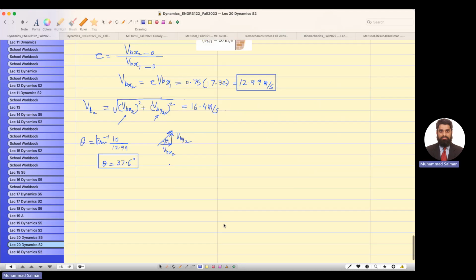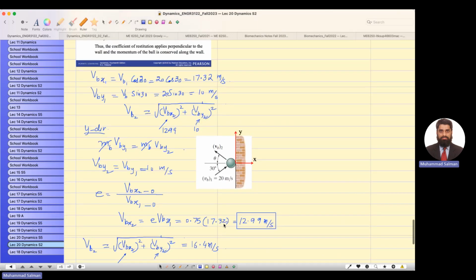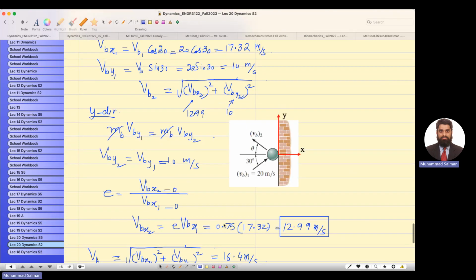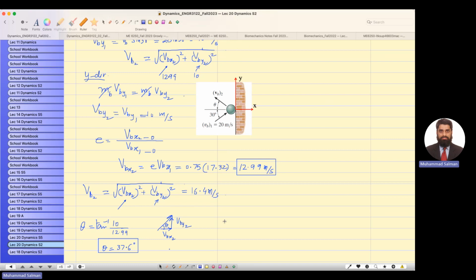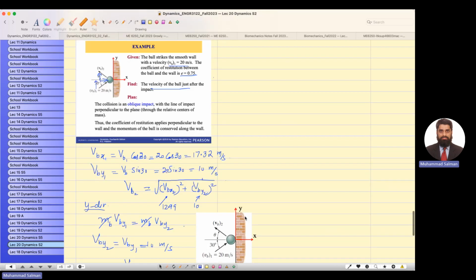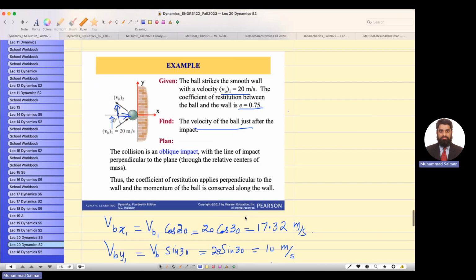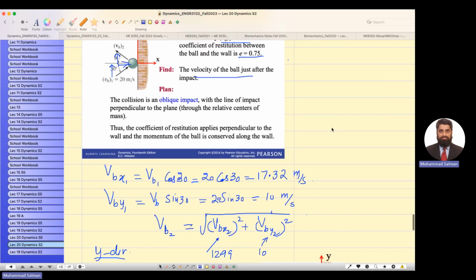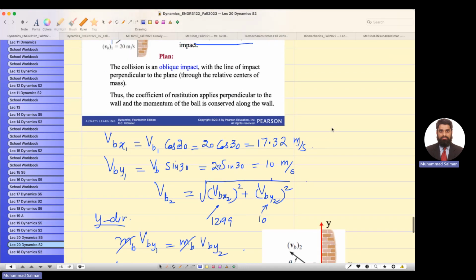All right, guys. So with that, we have done this question. And I'm going to revise it for you. The question was asked to find out the final velocity after the impact. So then I gave a thought process. Let's find out the components first, and then I know the magnitude formula, so that I should see where I am heading to.